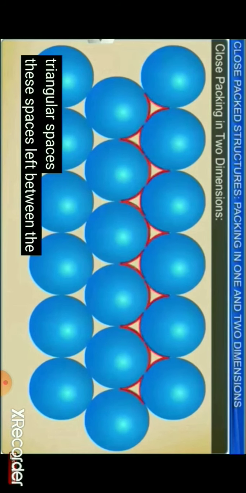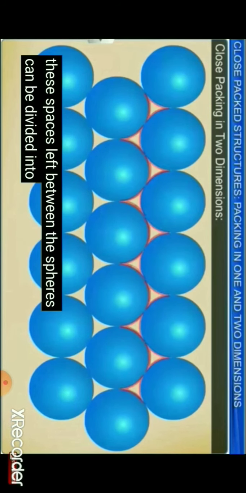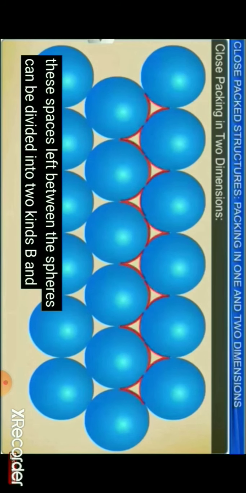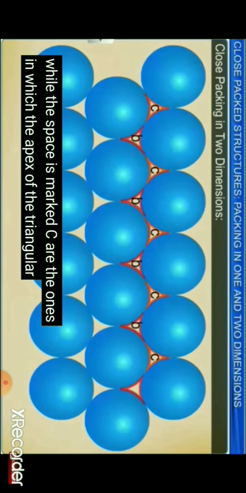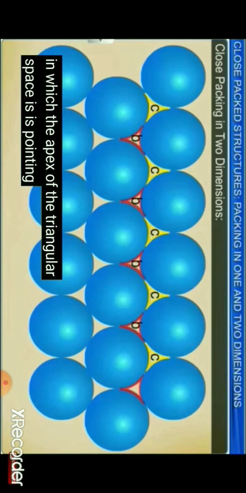The spaces left between the spheres can be divided into two kinds, B and C. The spaces marked B are the ones in which the apex of the triangular space is pointing downwards, while the spaces marked C are the ones in which the apex of the triangular space is pointing upward.